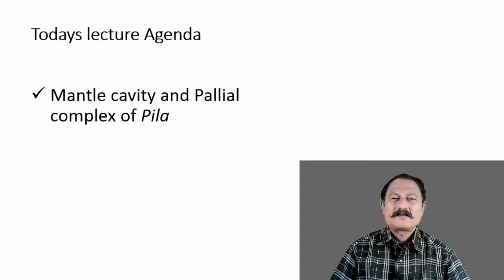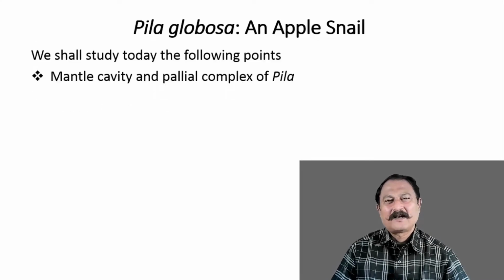Yes, okay. Now the edge of the mantle is thick. Edge of the mantle is thick and contains the shell glands which secrete the shell. That we had seen. And on the mantle, supramarginal groove also we studied. These points we studied in the last lecture. Today's lecture agenda is mantle cavity and pallial complex of Pila.